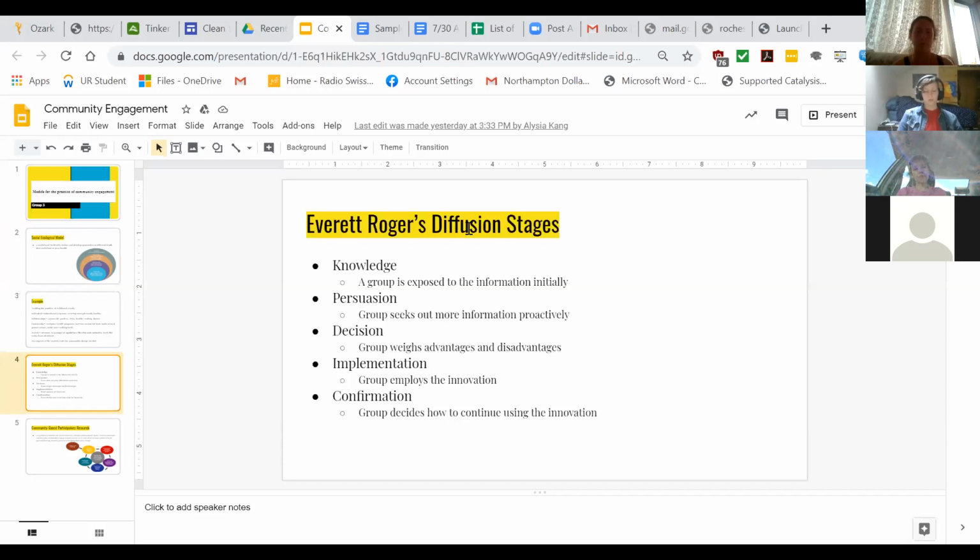So that's our decision phase. And implementation is where, okay, we know our stakeholders, we know the upsides and downsides, let's actually implement this. And confirmation is, maybe we have some information as to how our idea played out. We've had some execution. Now, how do we continue that in the future?